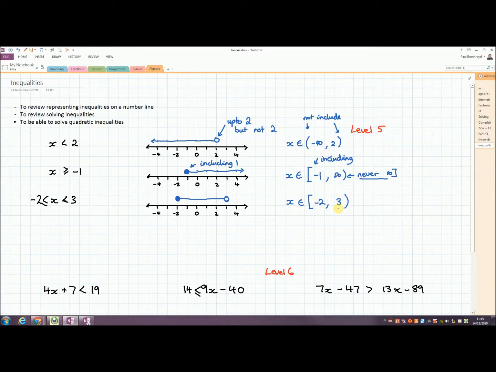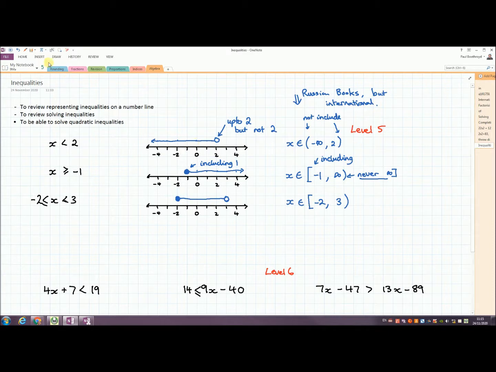Okay, so a square bracket for including. You're more likely to see this in Russian books. But this is international. It is valid.